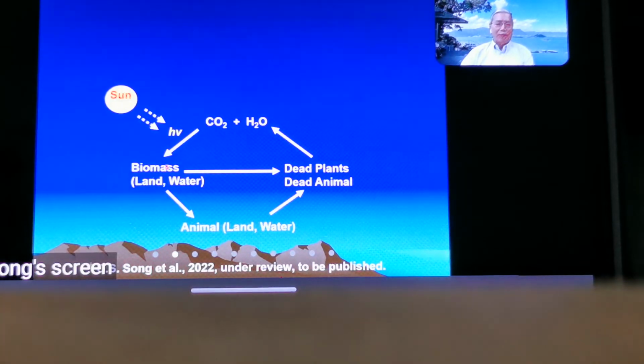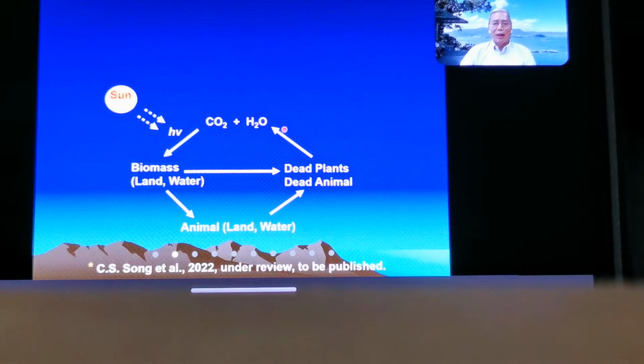When these organisms, animals and biomass die, they become dead plants and dead animals. And typically they decay back through aerobic decay into CO2 and water. So this is the so-called global carbon cycle.